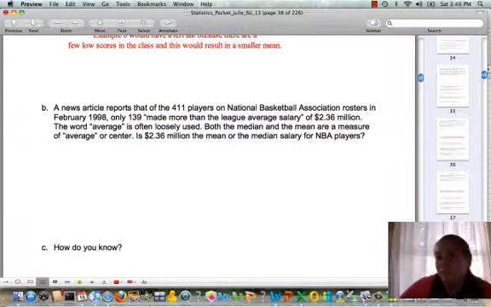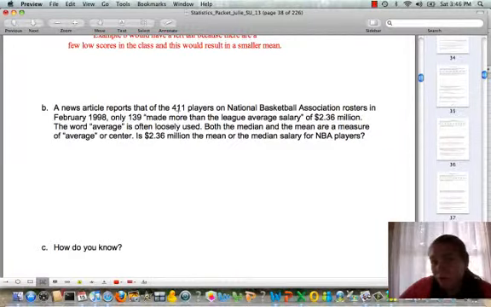So two different ways to think about the center of a graph. Is the 2.36 million going to be the mean or the median for the NBA players? It tells us only 139 players made more than this 2.36 million, but there were 411 players.